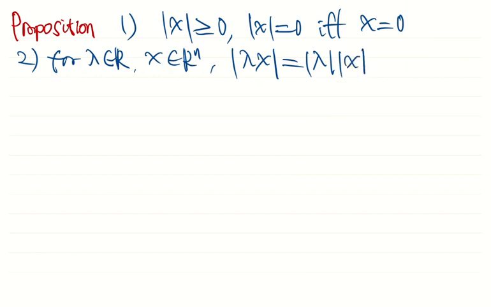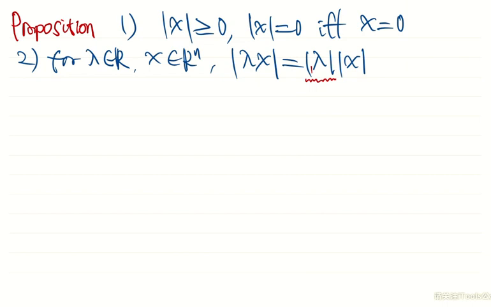So this equality is a little confusing because the bars have different meanings. For lambda, this is the absolute value of the real number lambda. The other two pairs of bars mean the norm in Rn, because lambda x and x are all elements in Rn. Therefore, the bars surrounding them mean the norm.